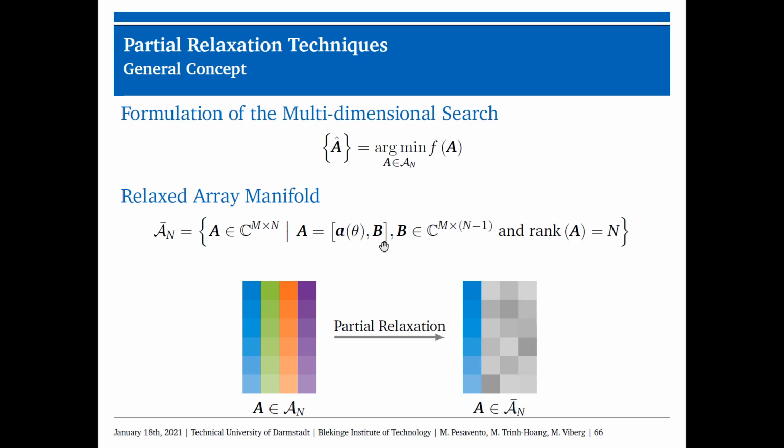On the other hand, the structure of the remaining columns in the steering matrix is relaxed, which is denoted by the matrix B. Now, if we optimize the original cost function f on the relaxed array manifold, we can obtain the DOA information of only one source signal corresponding to the first column of the relaxed steering matrix. In order to obtain all n DOAs, we resort to the method of spectral sweep, similarly to the single source approximation.